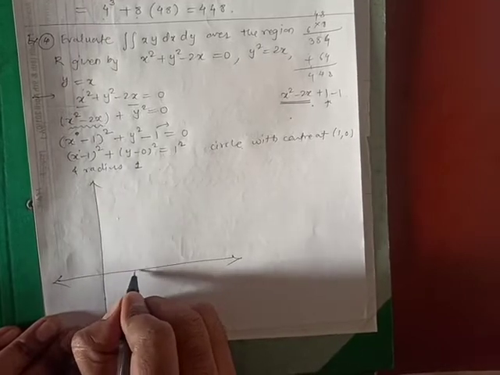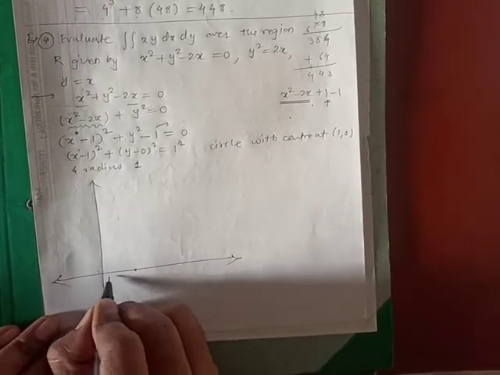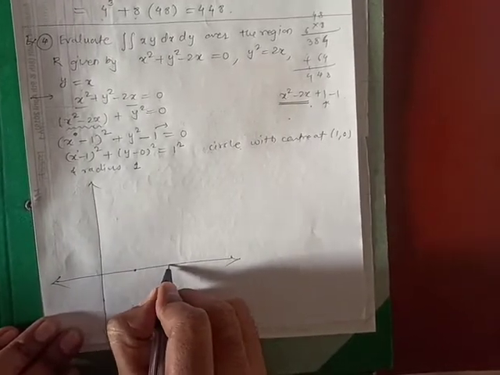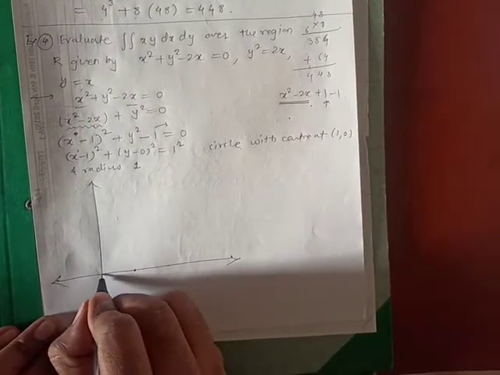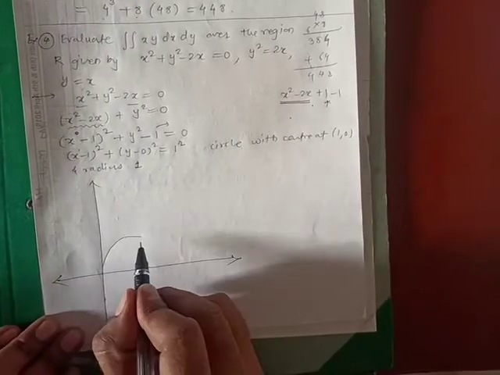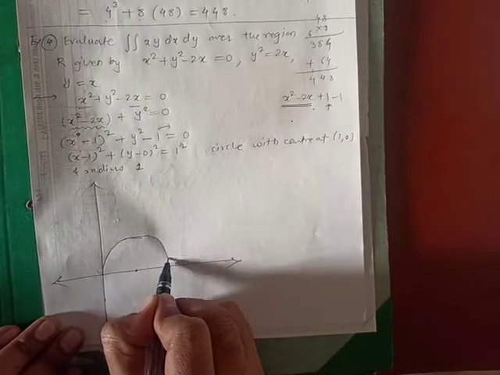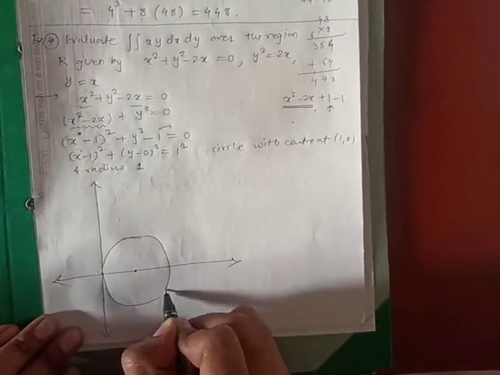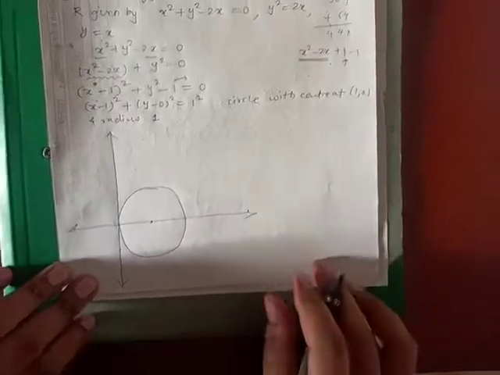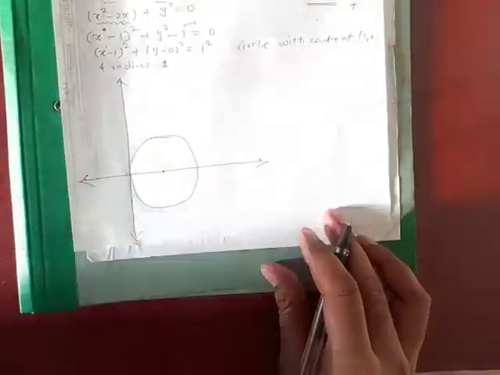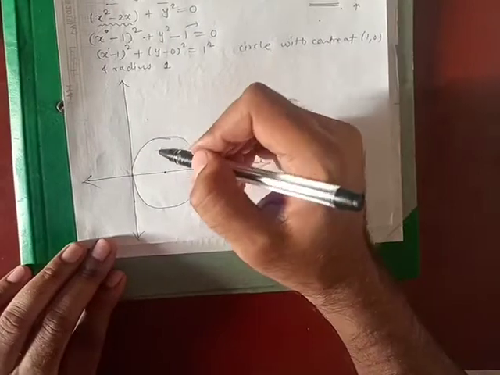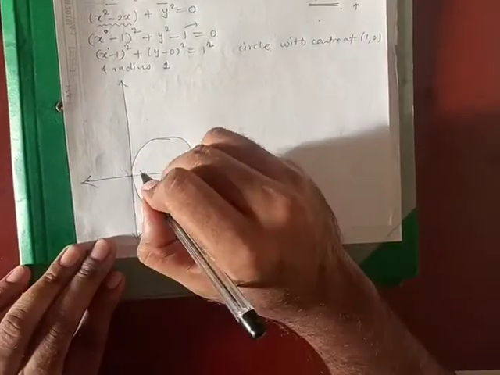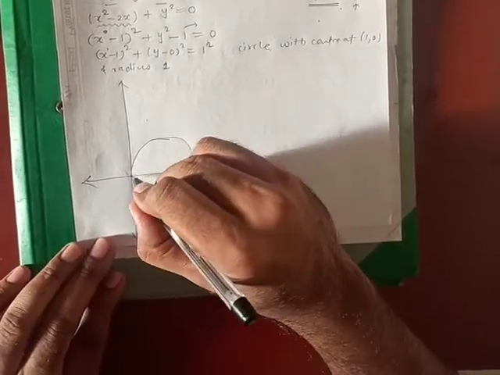1, 0 will be here. Let us say 1, 0. So circle will be somewhere like somewhat like this. As you already aware about my drawing skill, so please understand it. This is the circle, right? This is the circle, and then next is y is equal to x.